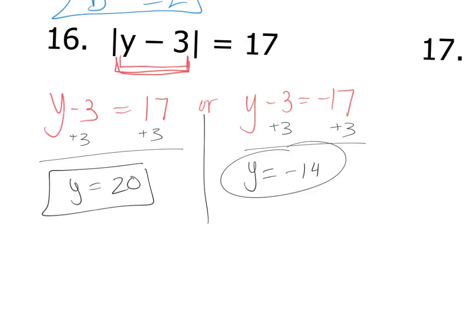If I plug this back in, like for example 20 minus 3, that gives me positive 17, absolute value of that of course works out. If I plug in negative 14 and then minus 3, I would get negative 17 in here, absolute value, of course that works out as well. So I have two separate answers here, and again you'll get two separate answers, not plus or minus of the same answer, every time you have more than one number inside your absolute value.